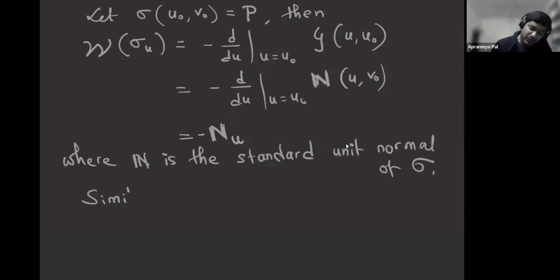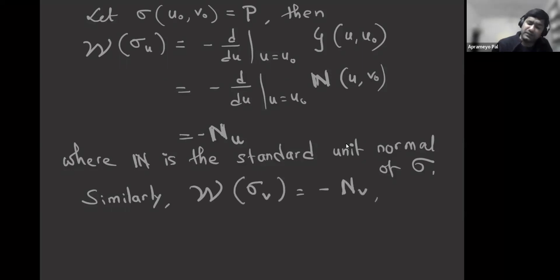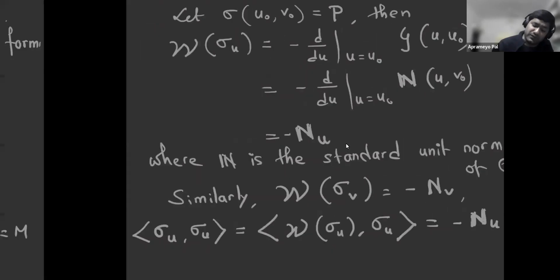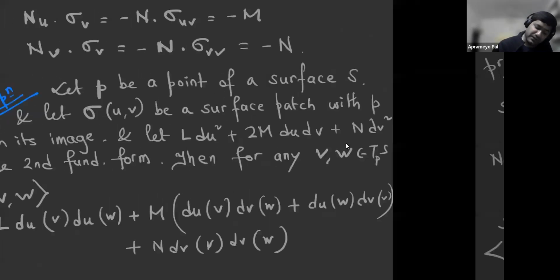Similarly, you can also compute that the Weingarten map of sigma V is minus N_V, and so on. Now let's compute what's the form at sigma U, sigma U. By definition that's the Weingarten map of sigma U dotted with sigma U, and if you put in this calculation, this is nothing but minus N_U dot sigma U. And now if you remember this previous lemma, yeah, here.